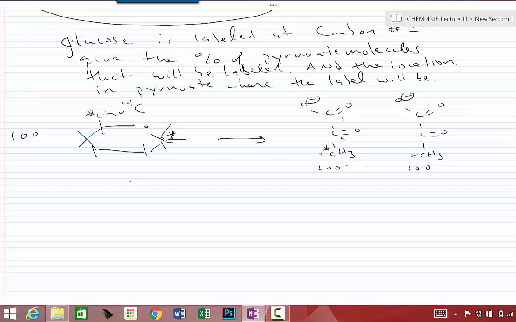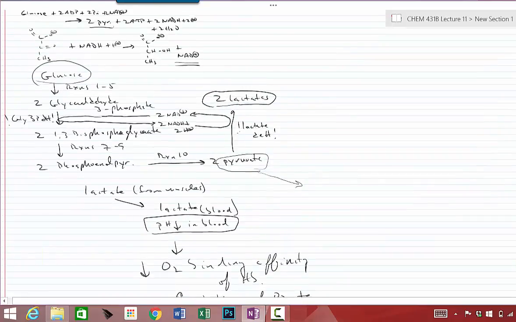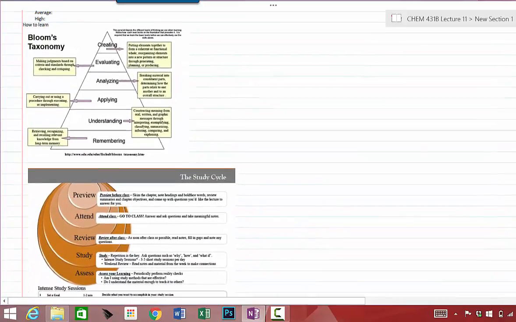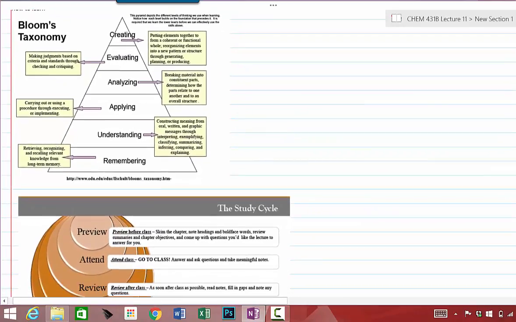Before we do that, and this is related to that, I want to go over this idea about how to study. I know surveys were made of students just beginning college about what it would take to get an A in a high school class.